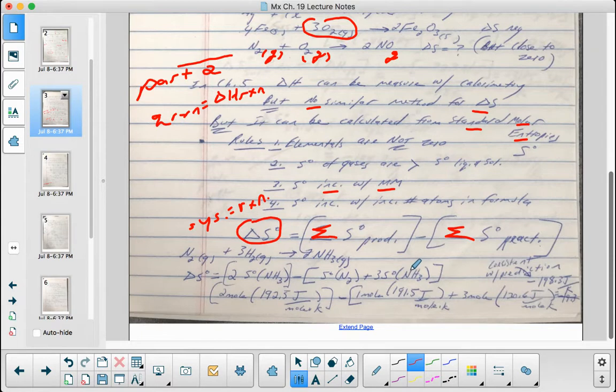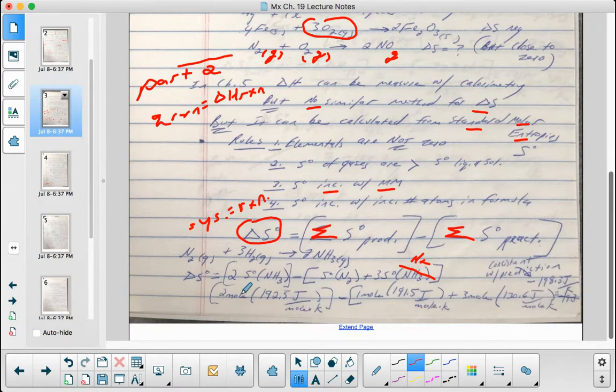Sorry, I made a mistake here. That should be hydrogen. Okay, so again, products minus the sum of the values for reactants.